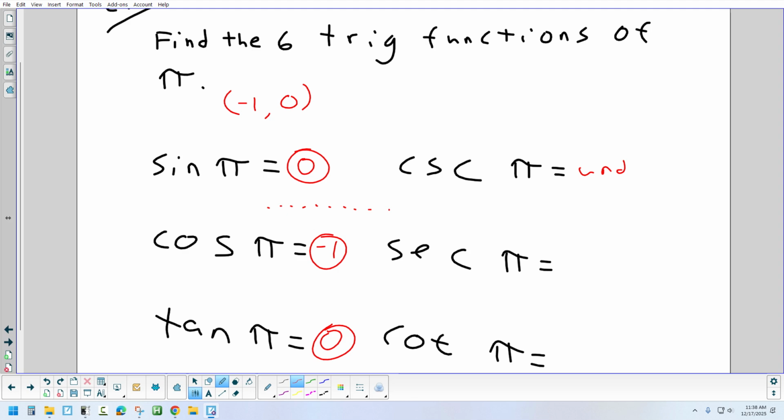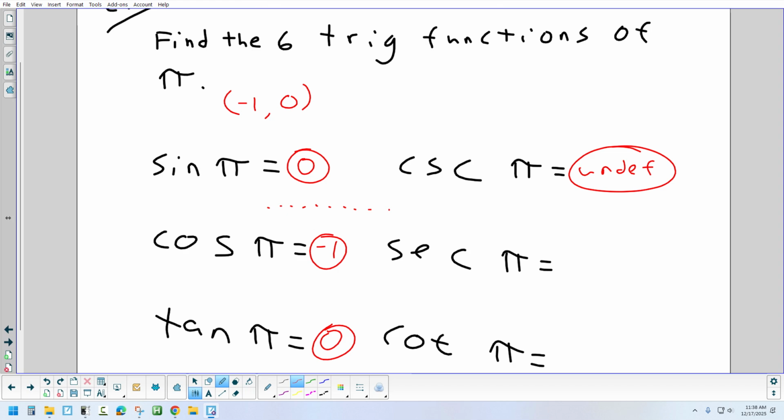Undefined. The secant of pi radians. No? Okay. What trig function are we going to use to help us find secant? It's 1 over... what trig function is that?